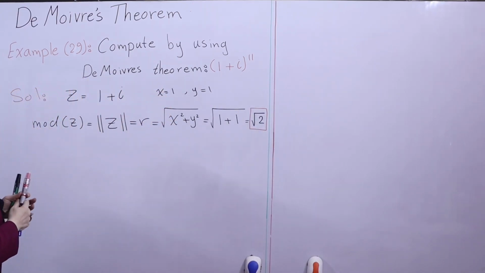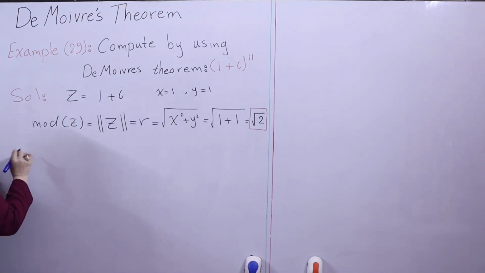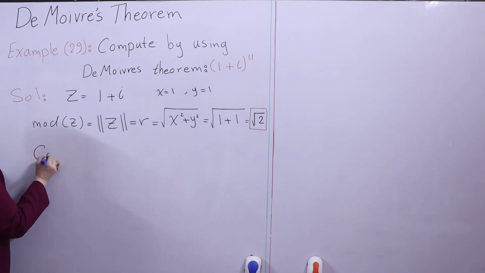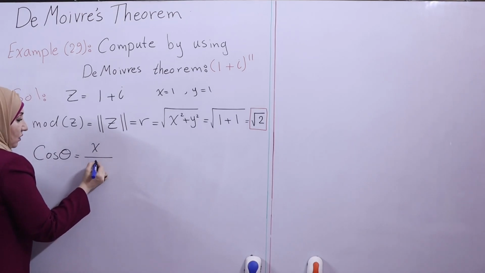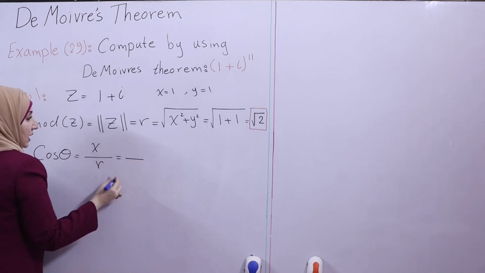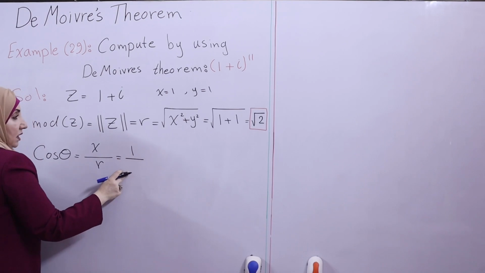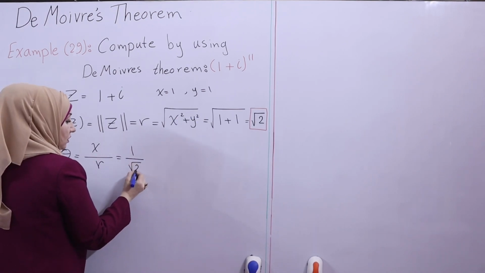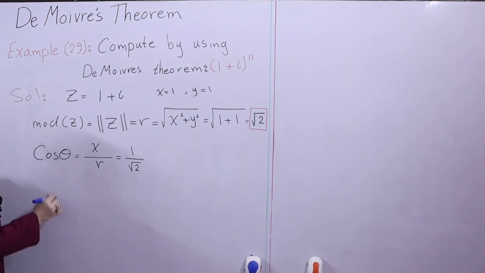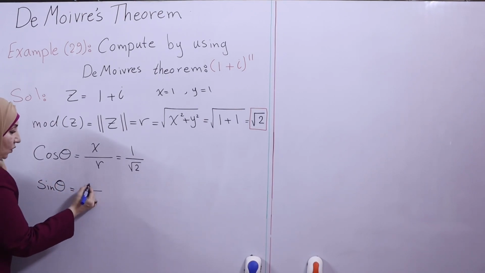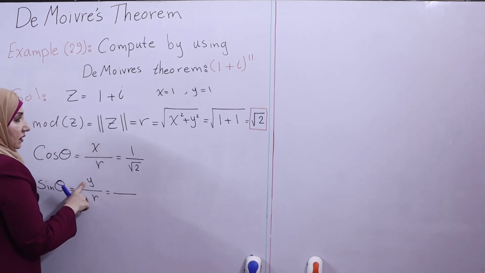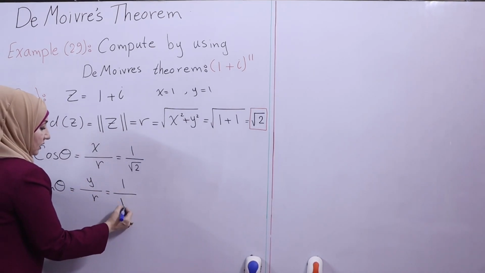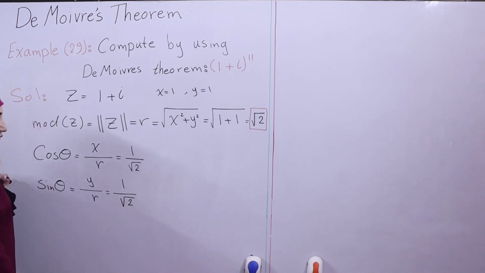And now we will find theta by the trigonometric ratios. Cosine theta equal x on r. X equal 1, r equal square root of 2. Sine theta equal y on r, y equal 1 on r, r equal square root of 2.